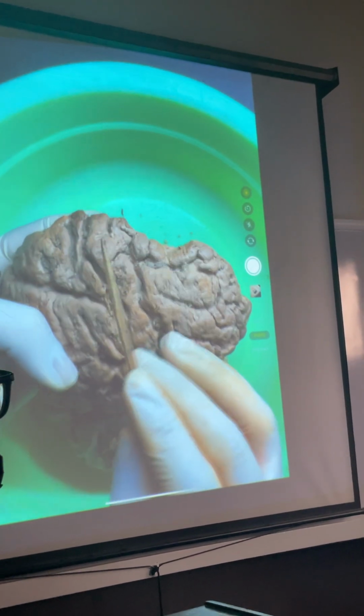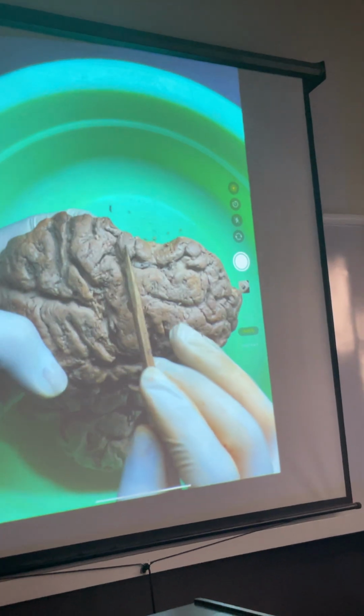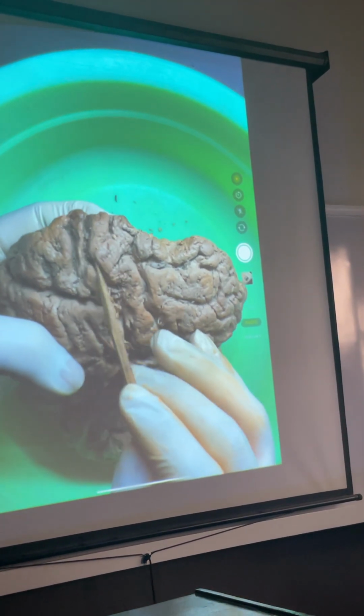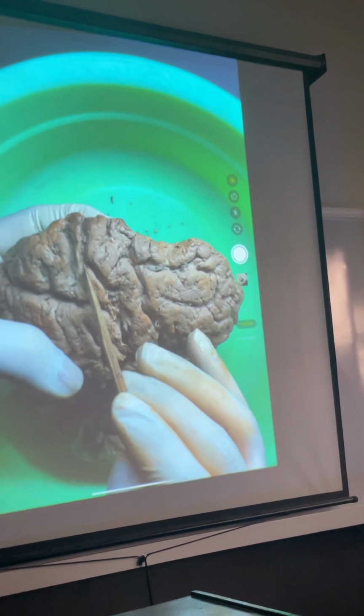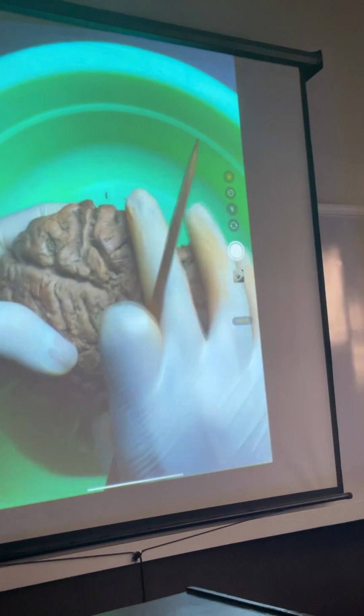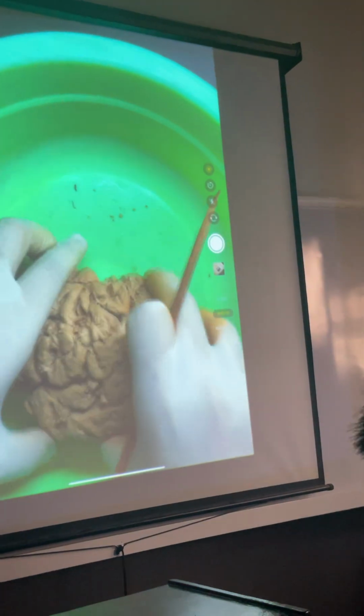Anteriorly, it's the pre-central gyrus and the pre-central sulcus. Posteriorly, of the central sulcus of Rolando, you have the post-central gyrus and the post-central sulcus. So let's cut to the other model.